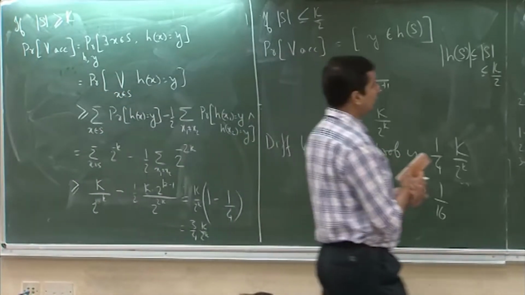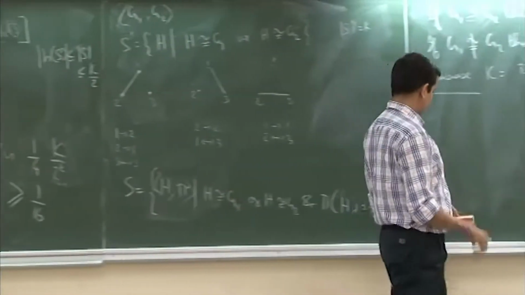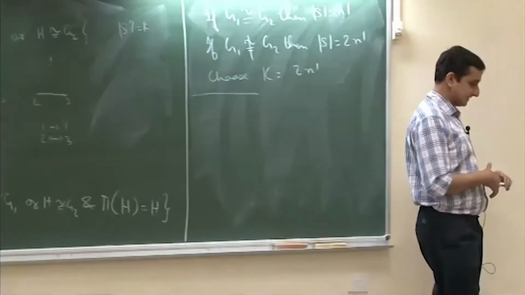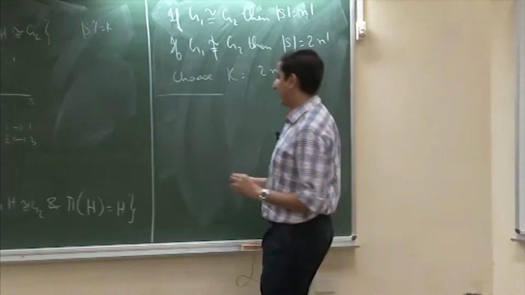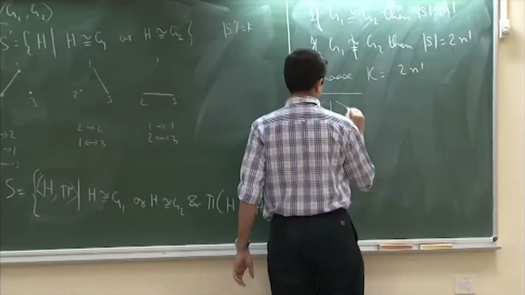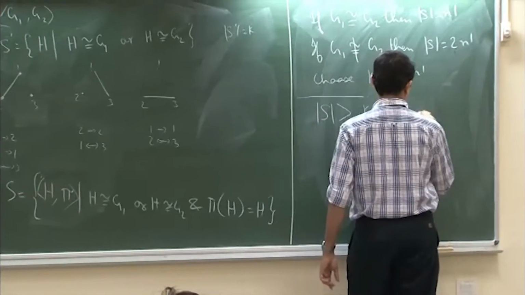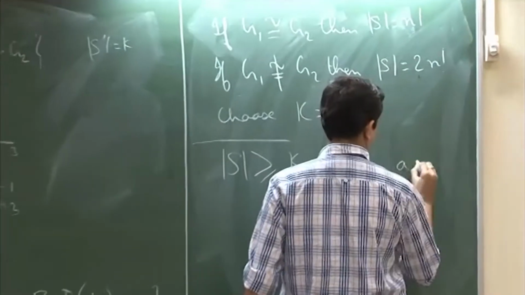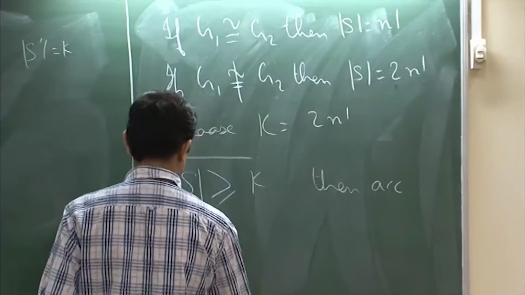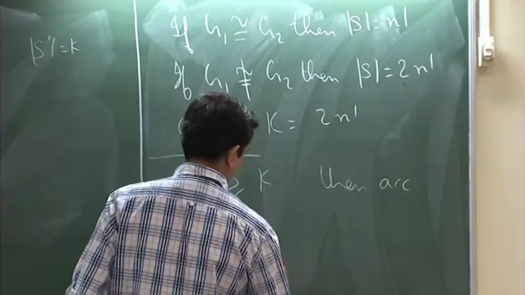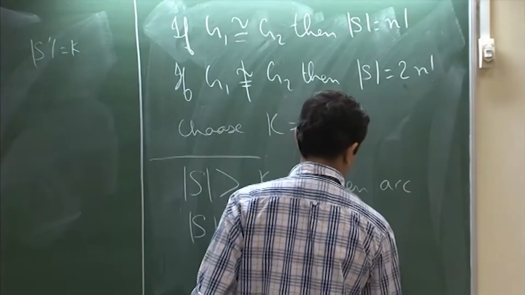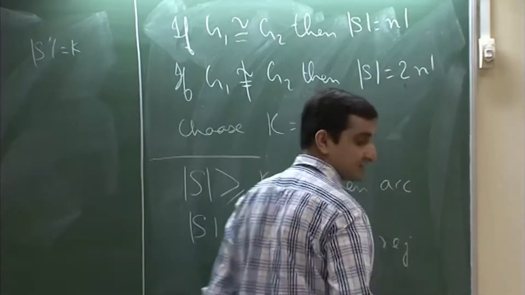What we want is, what was the protocol for? The protocol says that if S has size greater than or equal to K, then it accepts, and if S has size less than K by 2, then reject. That was the set lower bound protocol.